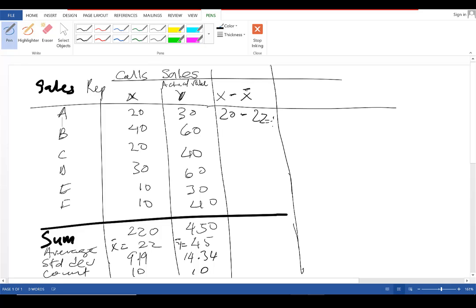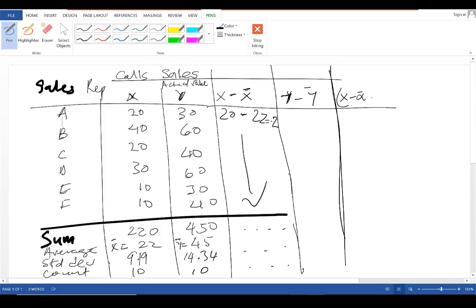You do the same thing here, and y minus y bar, you do the same. And now we're gonna take our x minus x bar times y minus y bar, and that's gonna help us calculate our correlation coefficient.